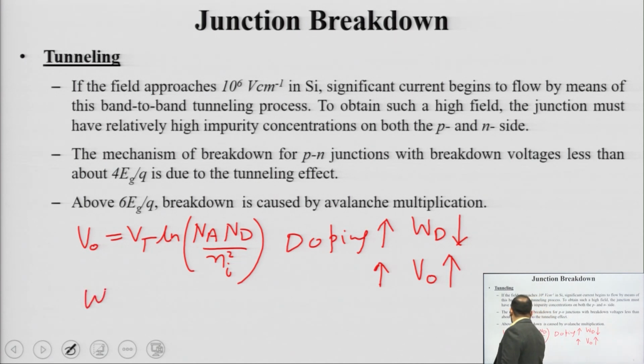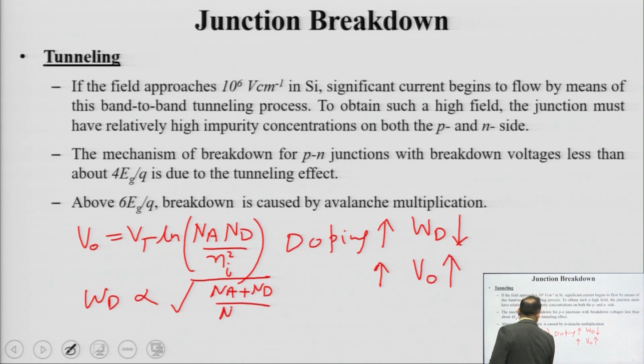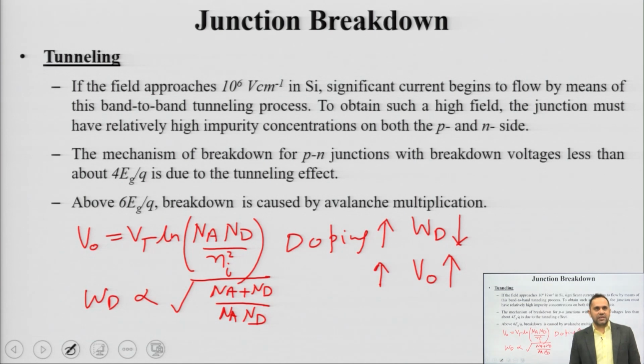Depletion region width is proportional to square root of Na plus Nd divided by Na Nd. Okay. So, when Na and Nd increase, the product usually rises more as compared to the sum. So, Wd eventually reduces only. Okay. So, depletion region width reduces and built-in potential increases whenever doping is very high.